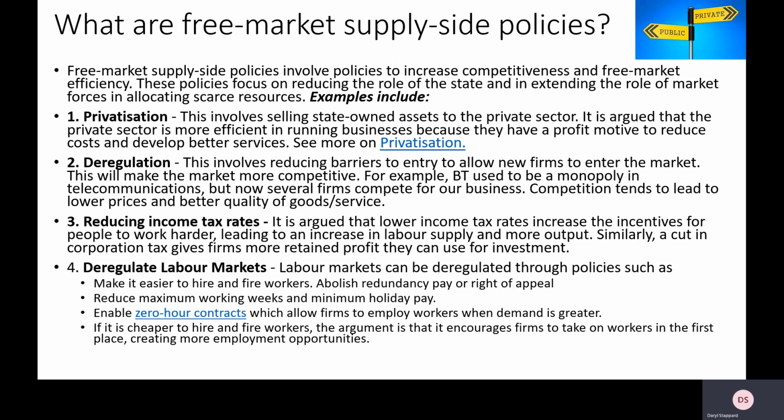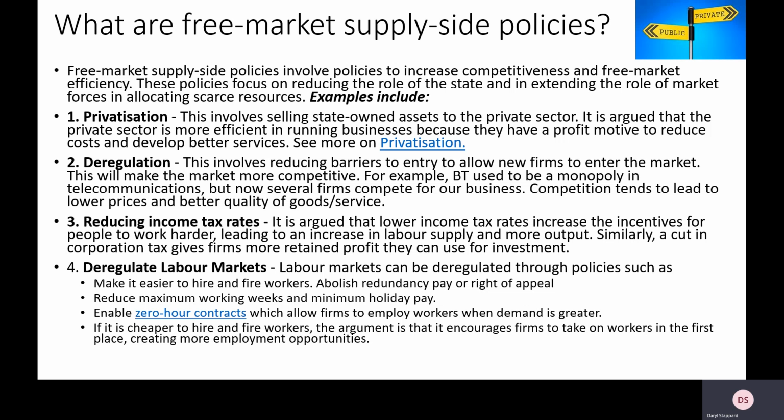Linked to this is something called deregulation. Now, we look at this in a lot of detail in theme 3, but the idea here is what we're trying to do is make it easier for new firms to enter markets and compete with more established companies. So, for example, BT used to dominate the phone market. They were the only company people could use. Now, the problem with this was when there is no competition, then firms don't need to become more efficient.